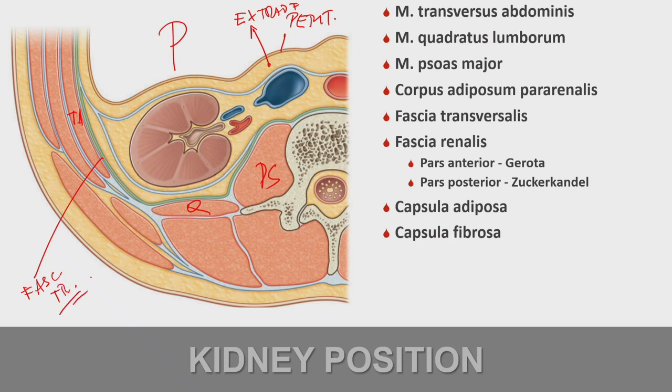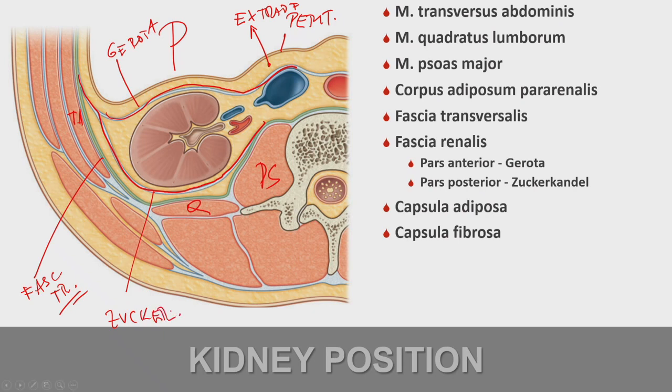This green one is one layer which is then split into two sheaths. One sheath is ventral and the second is dorsal. The ventral part is called Gerota fascia, and the dorsal, I hope that you remember, Zuckerkandl.